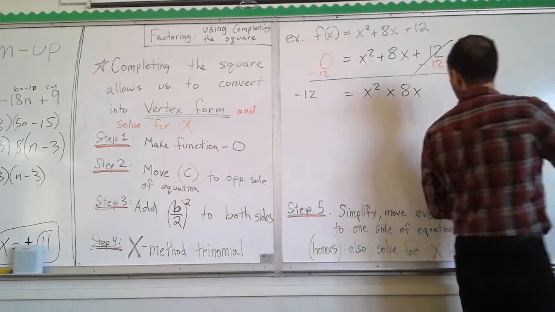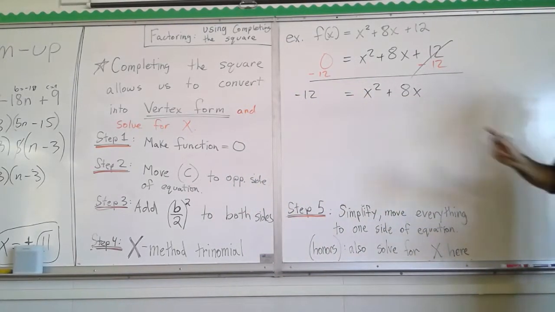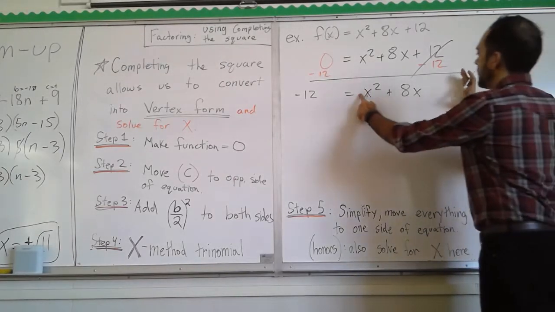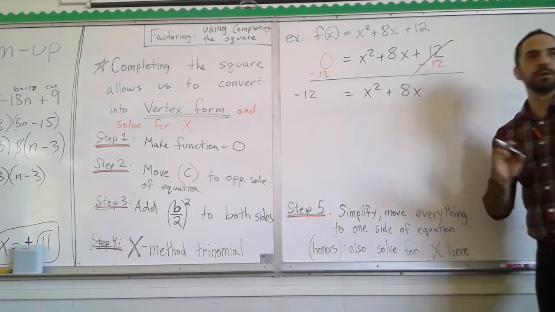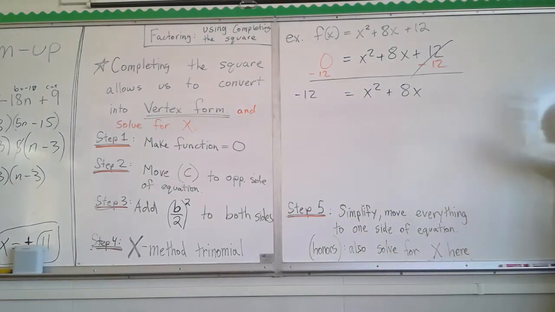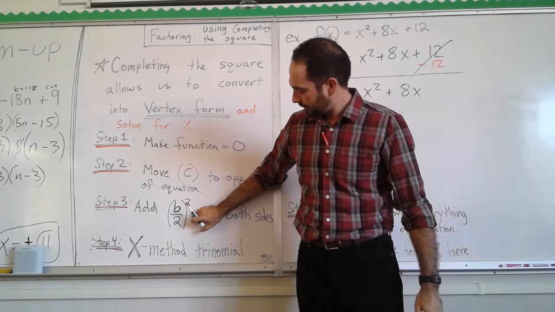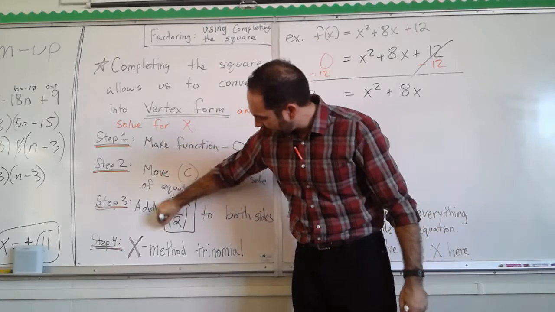So what are we missing on the right side now? If I was just looking at as far as a trinomial goes, I don't have my C value here. Now, what I'm going to do is I'm going to use completing the square from here on out. So this is a very special way to factor, and this is always going to be the kind of guide that we're going to be using.